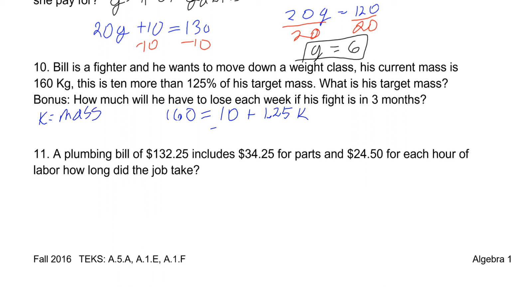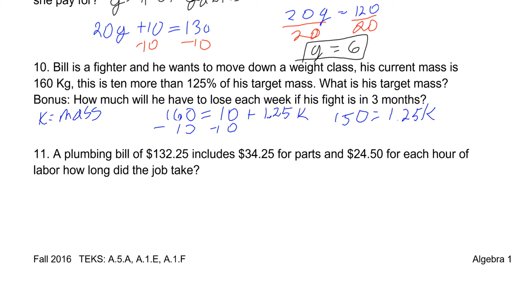That's going to leave us with 150 equaling 1.25 K. Then from here, what we're going to have to do is divide 150 by 1.25.